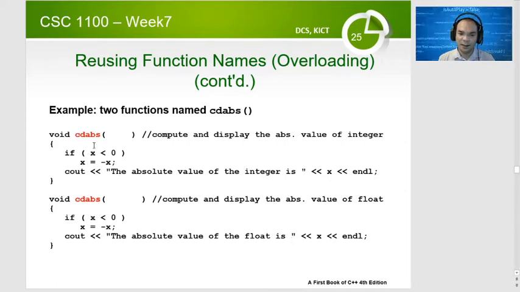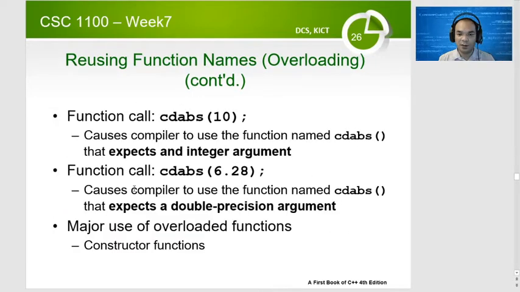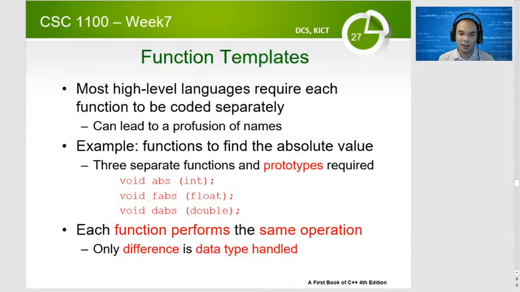So this one deals with the integer value, and this one deals with a float value. So the function calls would be one that handles integer, and the other one deals with a float value. So this is very clear.